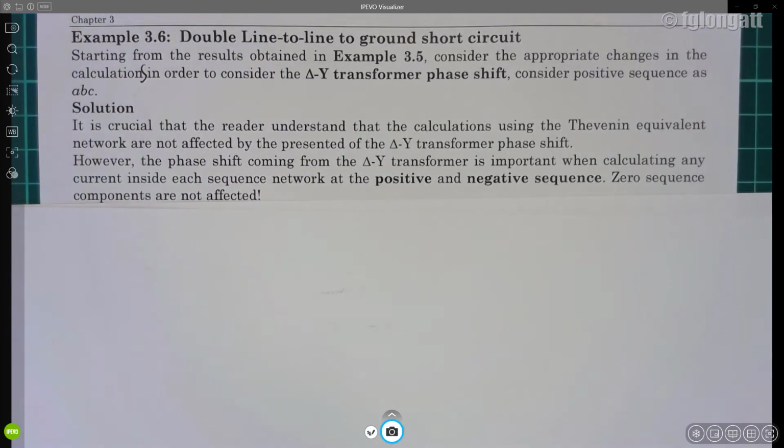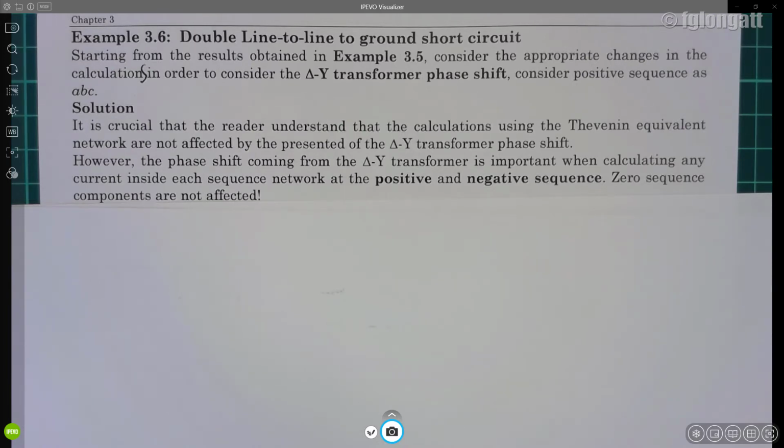Of course, the square root of 3 is also present in that relationship when we are using amps. But if we are working in the per unit system, the square root of 3 disappears, and the main change when you are moving from delta to star connection is the 30 degrees. It's very important that you understand that.